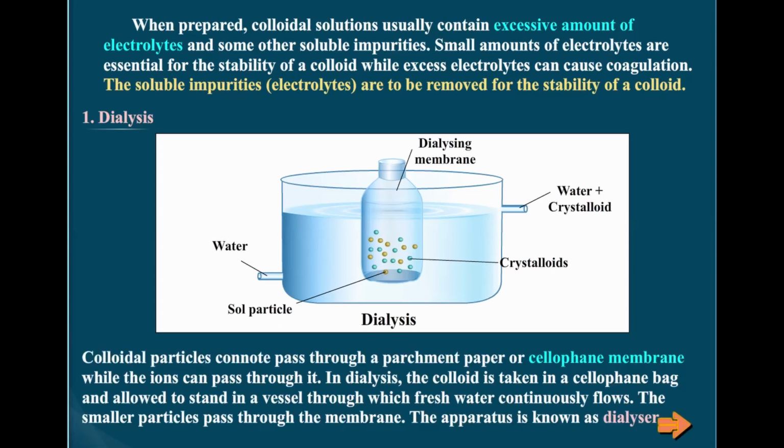The explanation I'm reading: colloidal particles cannot pass through a parchment or cellophane membrane, while the ions can pass through it. In dialysis, the colloid is taken in a cellophane bag or an animal membrane bag and allowed to stand in a vessel through which fresh water is continuously flowing. The smaller particles pass through the membrane, while the colloidal particles remain inside.